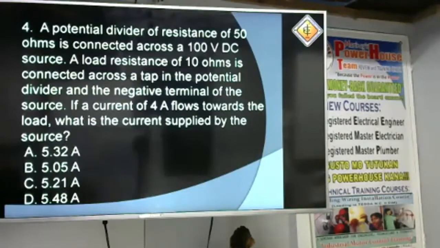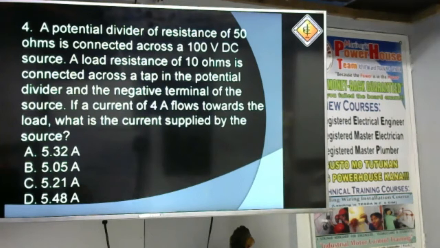100 volt supply. A load resistance of 10 ohms is connected across the top in the potential divider. So meron daw tayong 10 ohms nakalagay dito. Okay? So we have 10 ohms across the top and the negative terminal. If a current of 4 ampere flows towards the load, okay, so where is that? Here. That is the load resistance.